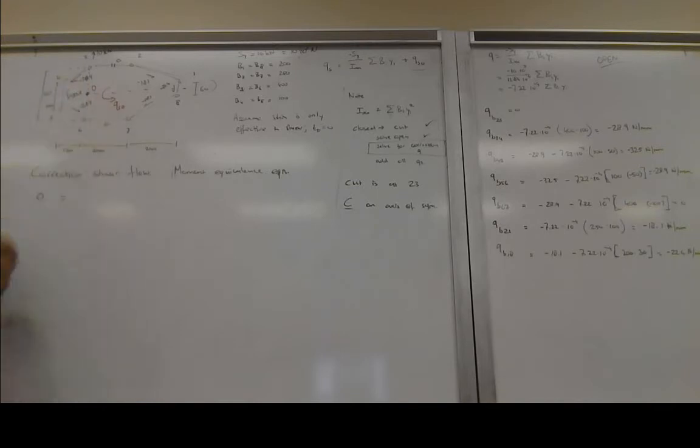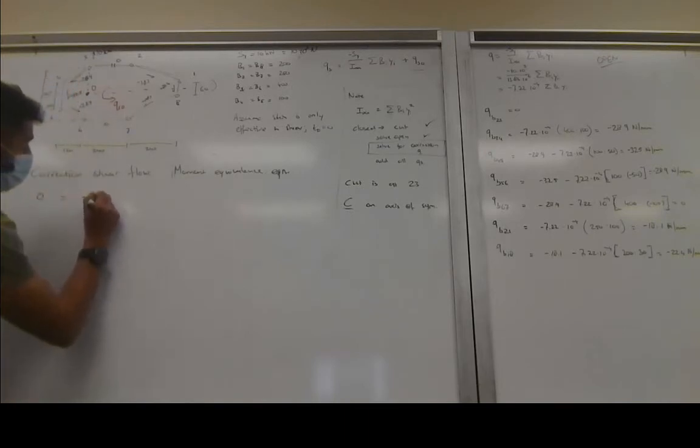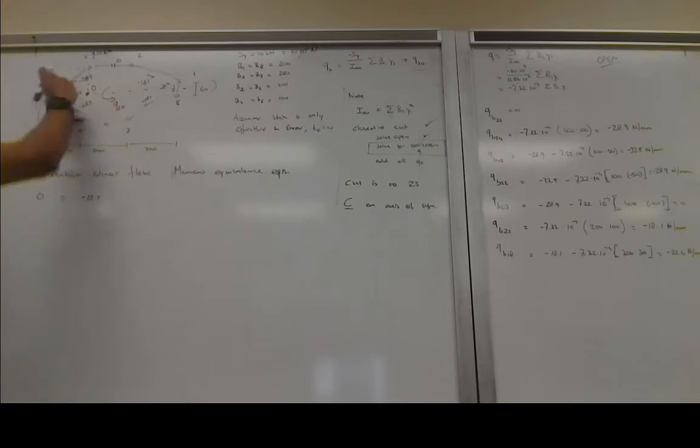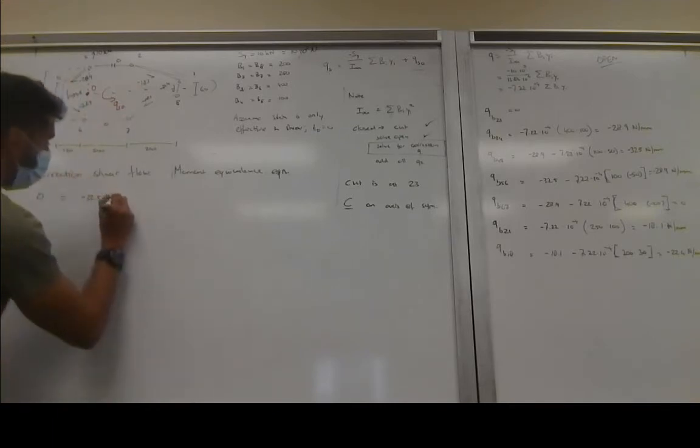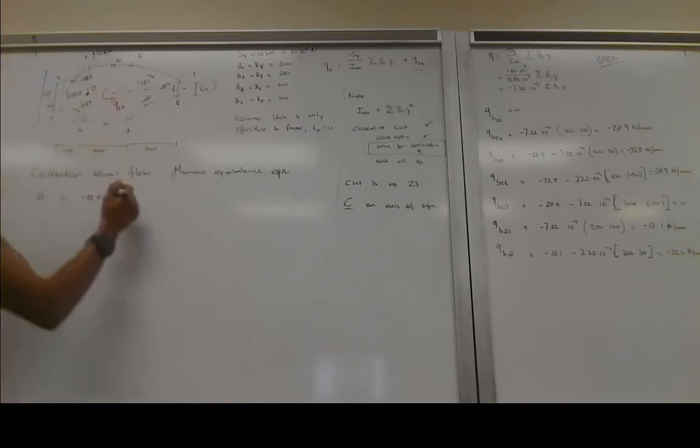This is negative, right? So it's going to be positive if we draw it like this. So we still have to use the negative sign: 32.5 multiplied by the length, which is 100, multiplied by the arm, so that's 120.